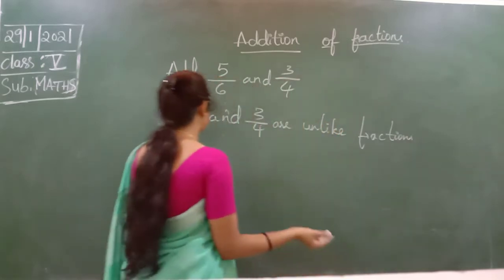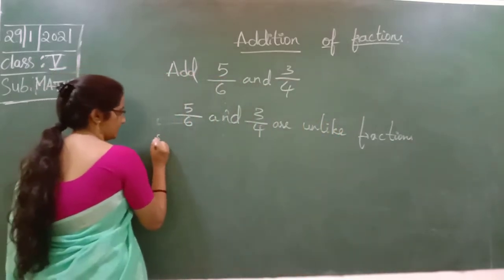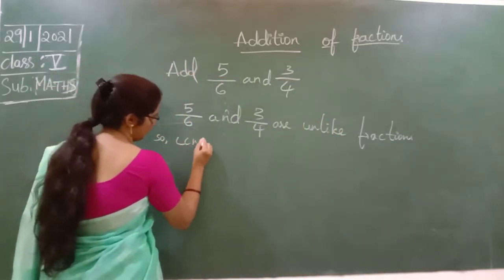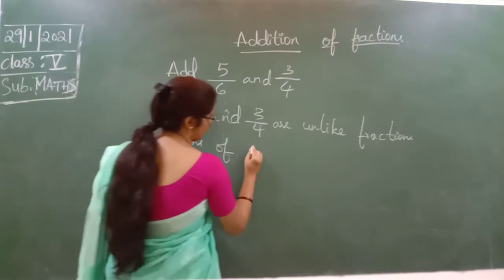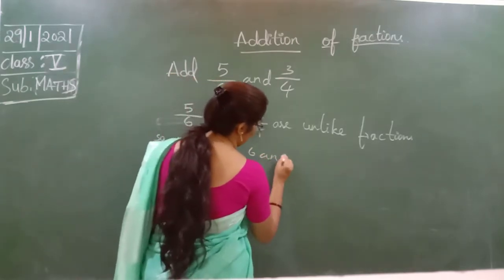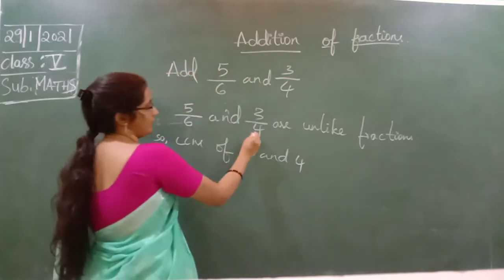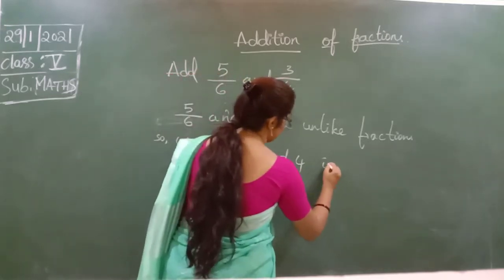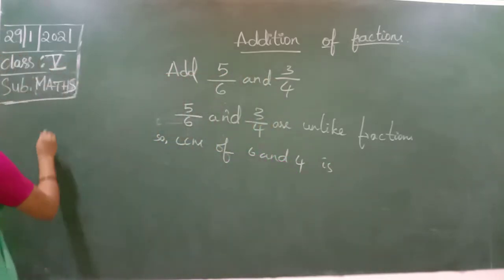So what is the LCM of 6 and 4, the denominator values?